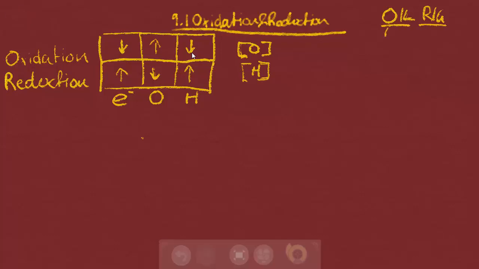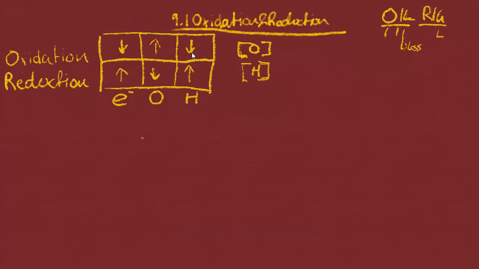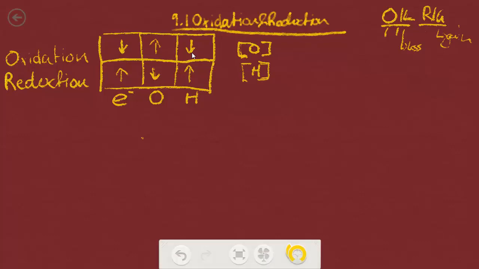So oxidation is loss, whereas reduction is gain. This is extremely crucial and one that we need to remember in order to fully understand and comprehend redox chemistry. So let's look at an equation and how oxidation and reduction is relevant in this case.